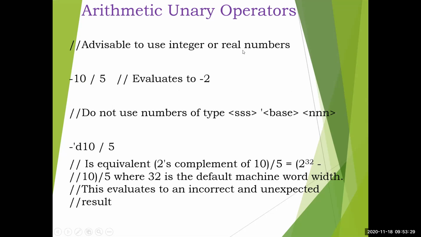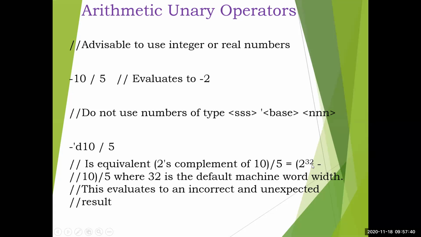It is advisable to use integer or real numbers, as we said in the first part. So minus 10 divided by 5 will evaluate to minus 2, because the first operand has a minus sign. 5 2s are 10, so minus 2. But if you write the same expression in the base size number format, minus d10, then it will consider the machine specific number, that is 32 bits as the default machine word size. Earlier it was 32, now at present we have 64 bit also.